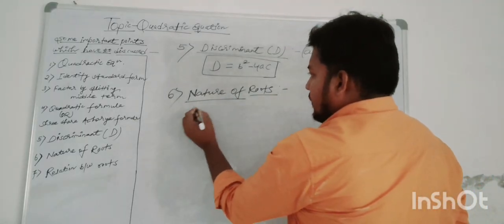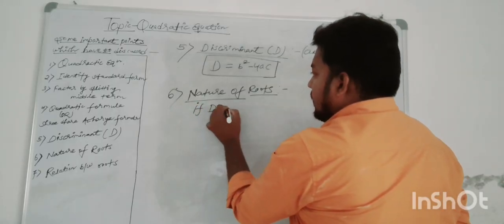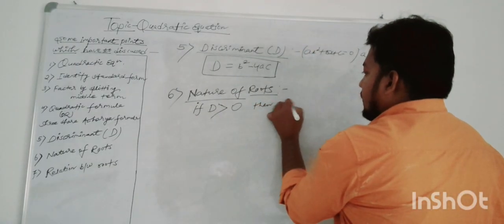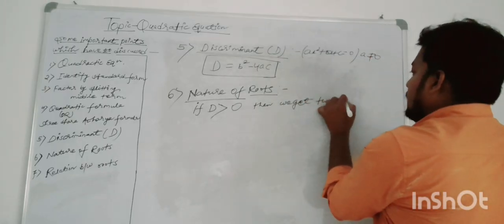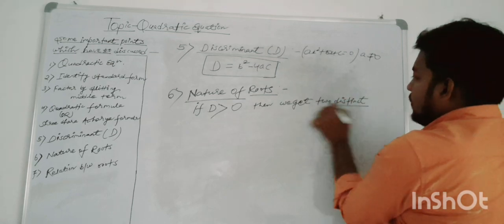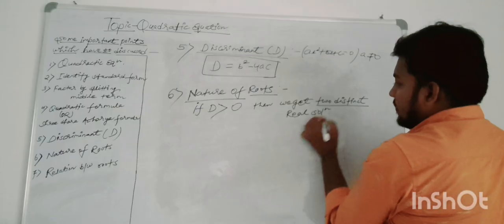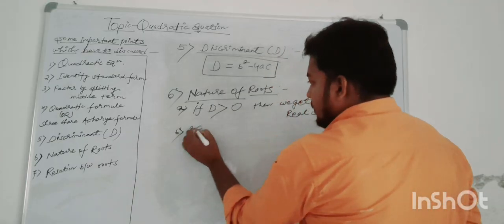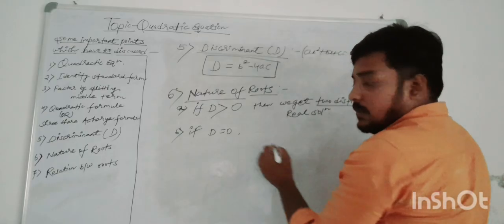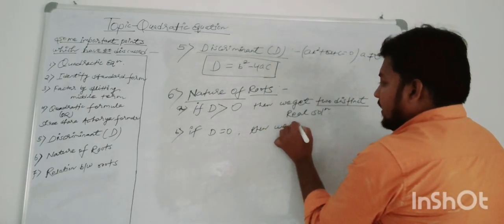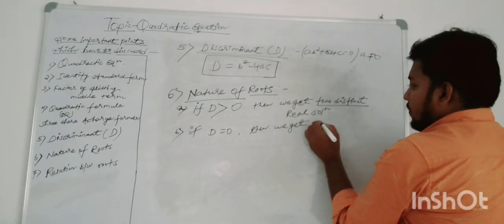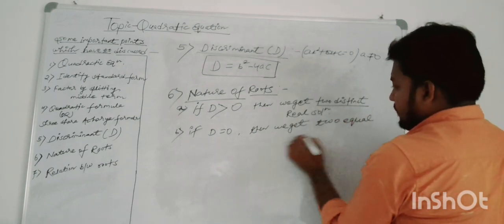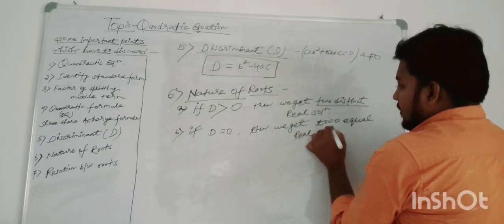Here, if D is positive, D is greater than 0, then we get two distinct real solutions. If D is equal to 0, the discriminant is 0, then we get two equal real solutions.